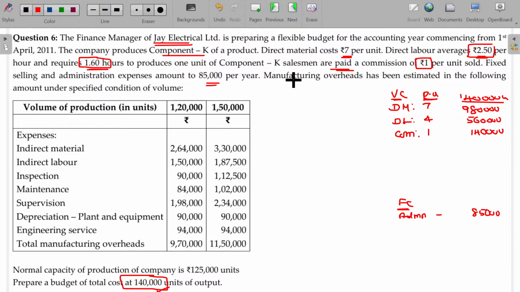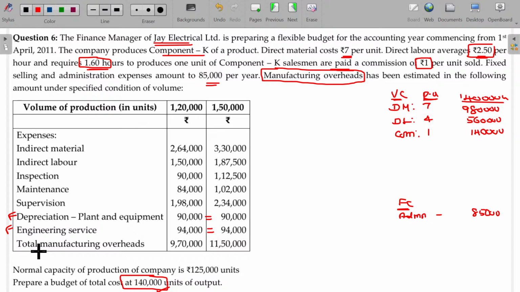Manufacturing overheads. This is the unique requirement for this illustration. Manufacturing overheads have been estimated in the following amounts under specified conditions of volume. 1,20,000 units and 1,50,000 units are there. If you find the cost being equal at both levels, then it will be purely fixed cost.